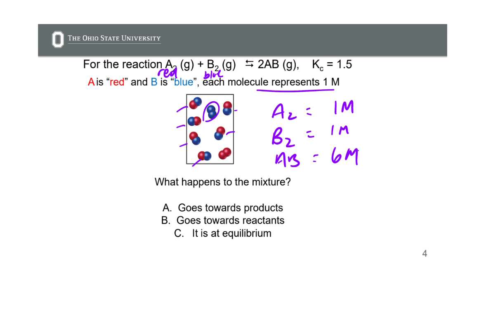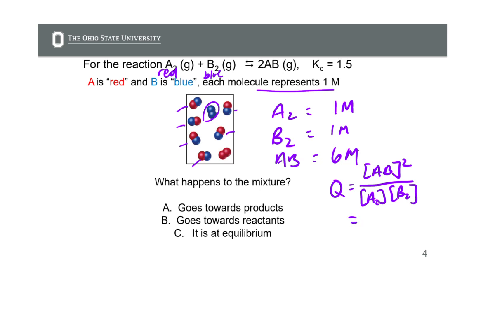And so, just using this generic reaction with this figure, we can calculate Q. Q is going to be equal to the concentration of AB squared. So the squared comes from the stoichiometric coefficient, divided by A2 times B2. Those are their concentrations. Okay?